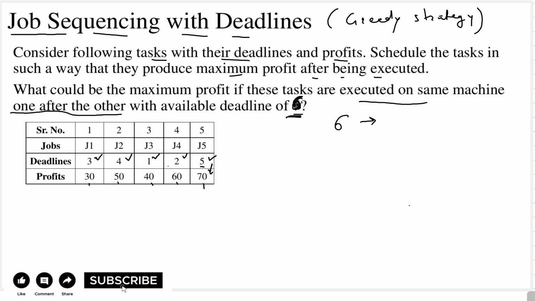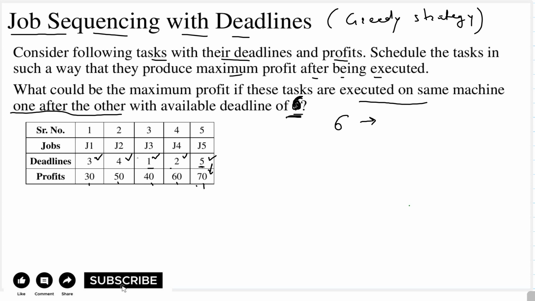To cover a deadline of 6, we can have a combination of 5 and 1, so the total deadline will be 6 and the profit will be 70 plus 40. Or we could have 4 and 2, then 50 plus 60, or a combination of 3, 2 and 1, which would also give us a deadline of 6.